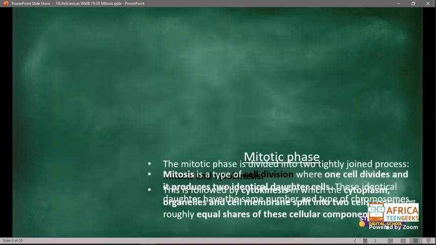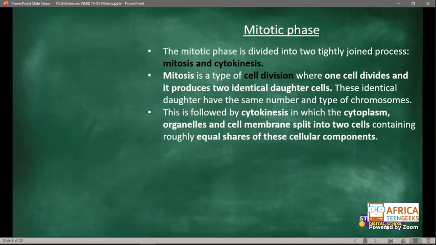So now we are doing the mitotic phase. And the mitotic phase is divided into two tightly joined processes. And that is the mitosis and cytokinesis. So guys, you can see these terms are in bold black, so take note of those.